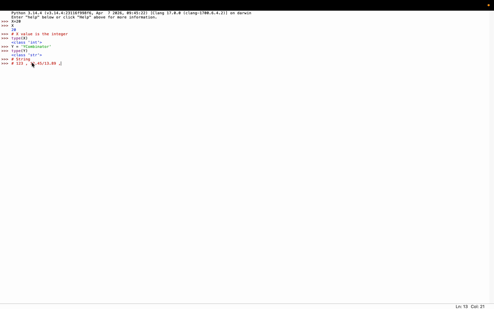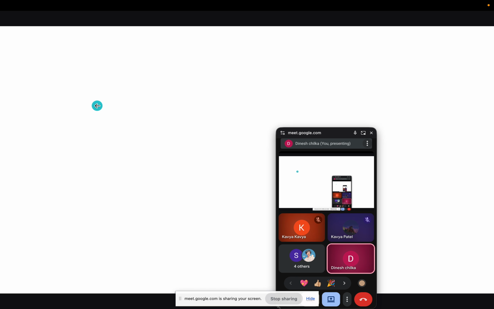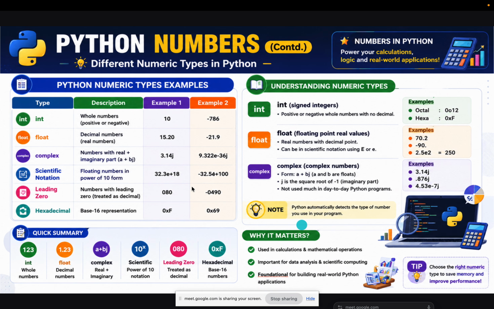And sometimes you face complex numbers. Now let's understand that one as well. The Python number types are integer, float and complex. These are the main data types. Now how do we identify it?